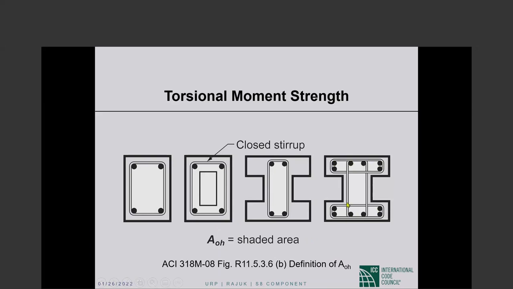There are 3 pieces, but the white area is A sub 0 h. P sub h is the perimeter of the center line of the outermost closed torsional reinforcement, and A sub 0 h is the area enclosed by that perimeter. That would include any holes that there may be in the section.